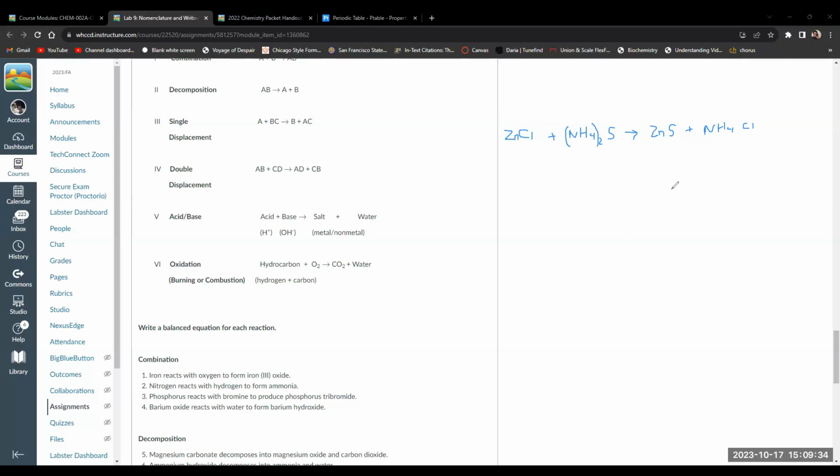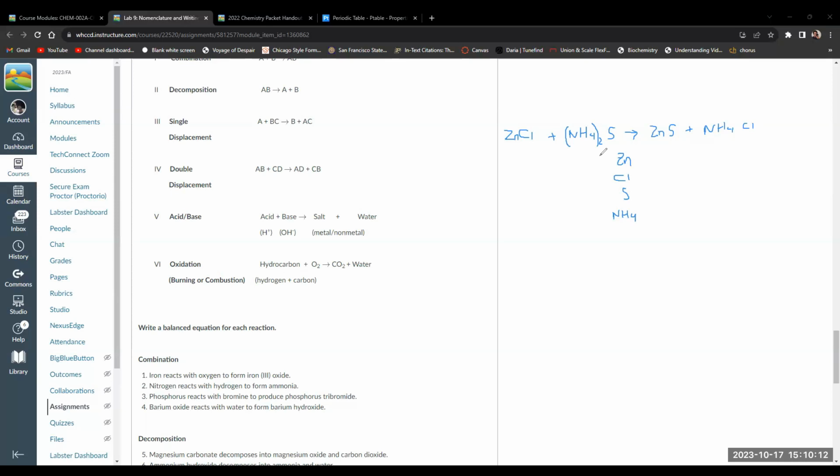So is this balanced? No. So let's balance it. We have zinc. We have chlorine. We have sulfur and ammonium. Because it's a polyatomic, we can actually keep this as one species here, and it's going to be useful because it'll make our work less cluttered.